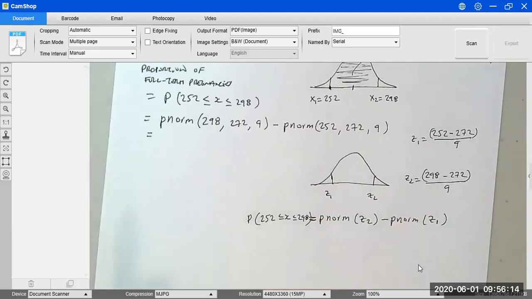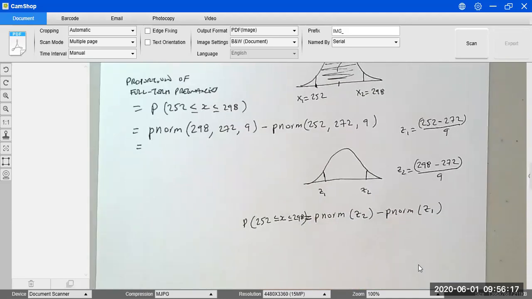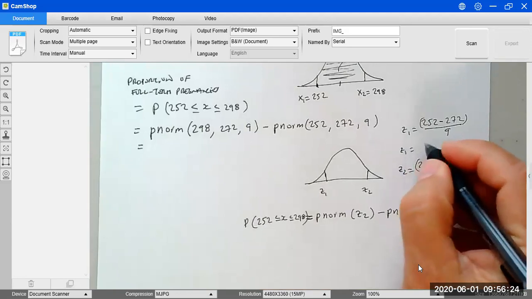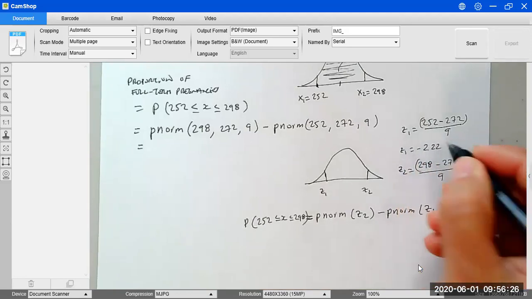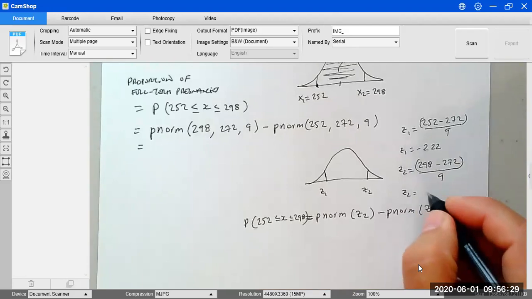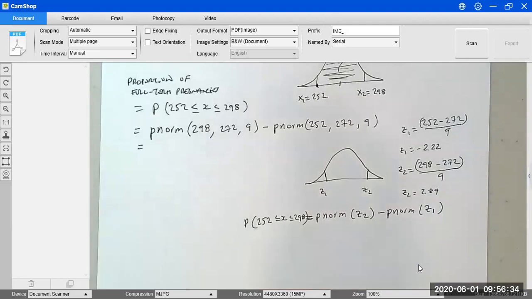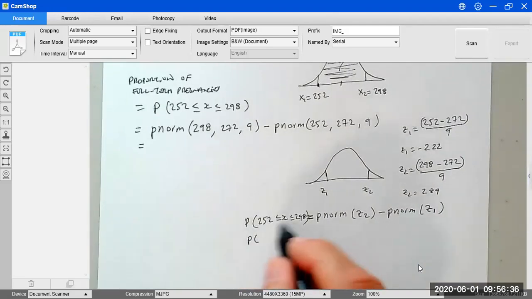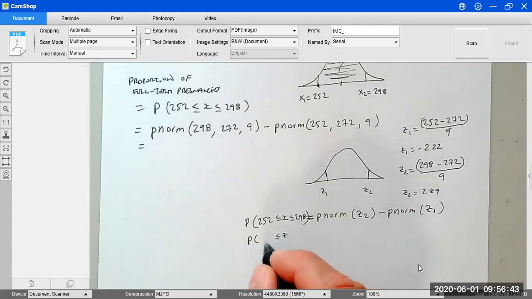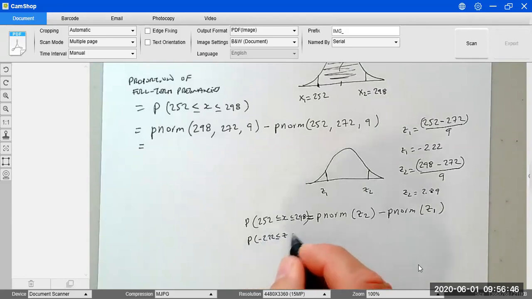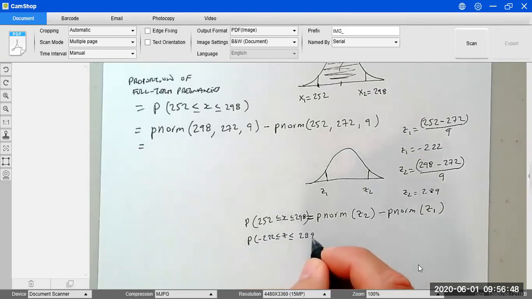Okay, so let's find first the corresponding z-scores. So the first z-score is going to be negative 2.22, and the upper is going to be 2.89. So then the probability of having this inequality satisfied is the same as z being greater than negative 2.22 and less than 2.89.